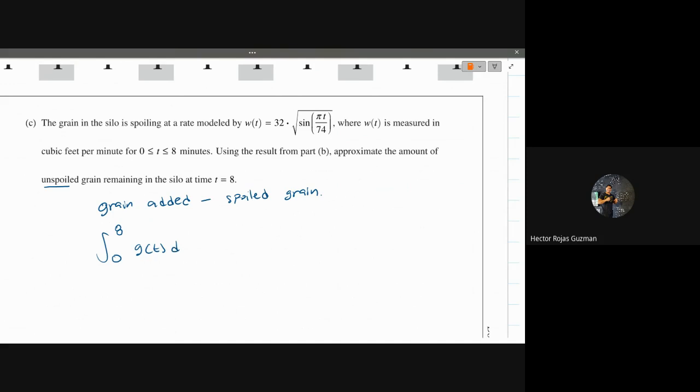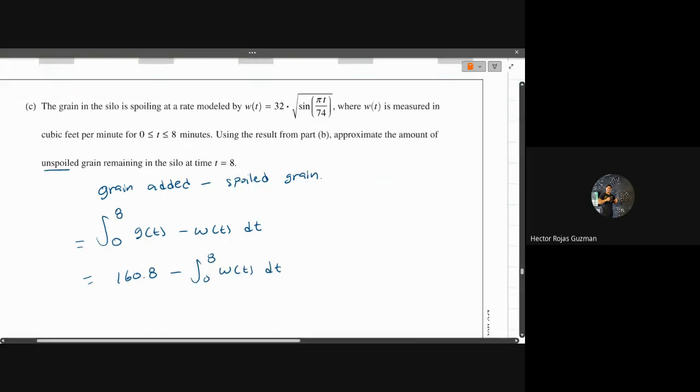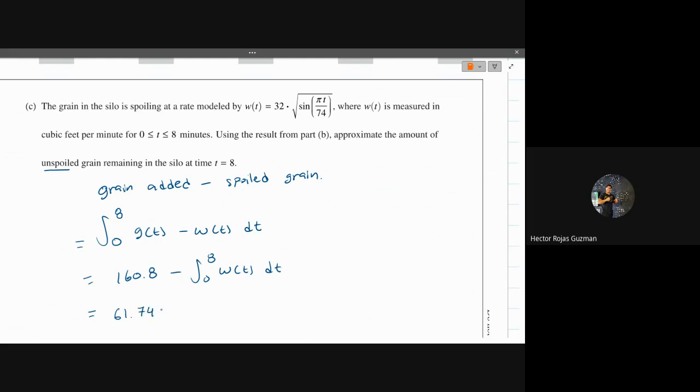Oh, you know what? Let's put it into one integral: g of t minus w of t dt. The value of the grain being added, we already figured out: that part was 160.8. But we still have to figure out how much grain is spoiled by doing the integral from 0 to 8 of w of t. That's done with your calculator. Plug it in, and we get 61.749.